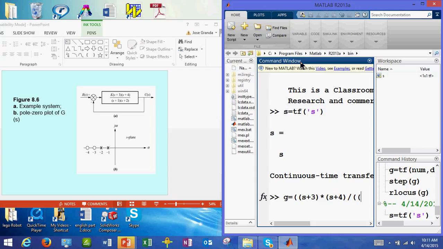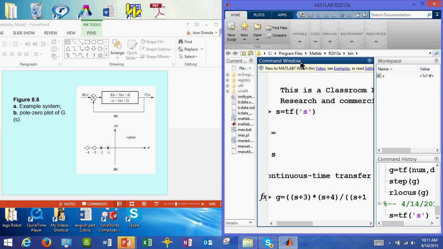So this is S plus 1, like that. And then multiplied by, there are other ways to enter this into MATLAB, but I find this personally for me is the easiest way. And so I'm passing it along to you.